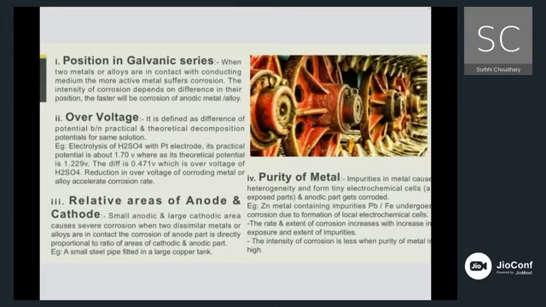Localized electrochemical cells are formed, and the rate and extent of corrosion increase with more exposure of impurities on the surface of the metal. So the extent of impurities is proportional to the rate of corrosion. Intensity is also inversely related to the purity of the metal.